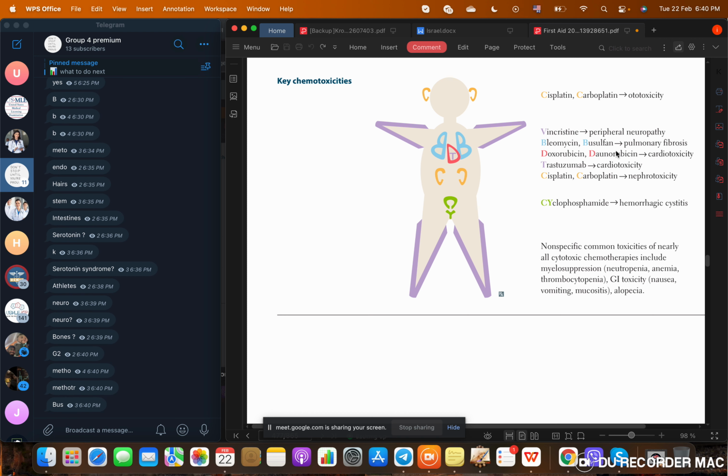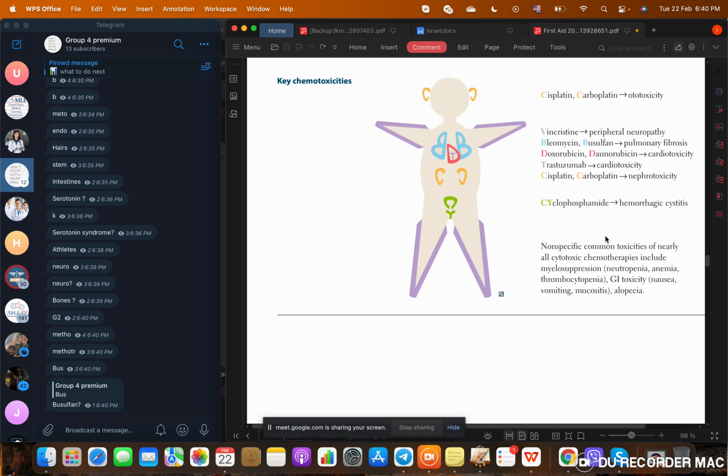Methotrexate. Okay, good. Doxorubicin and daunorubicin can lead to cardiotoxicity. So which test should you do regularly? Is it an echocardiography, or is it an ECG, or is it what exactly?